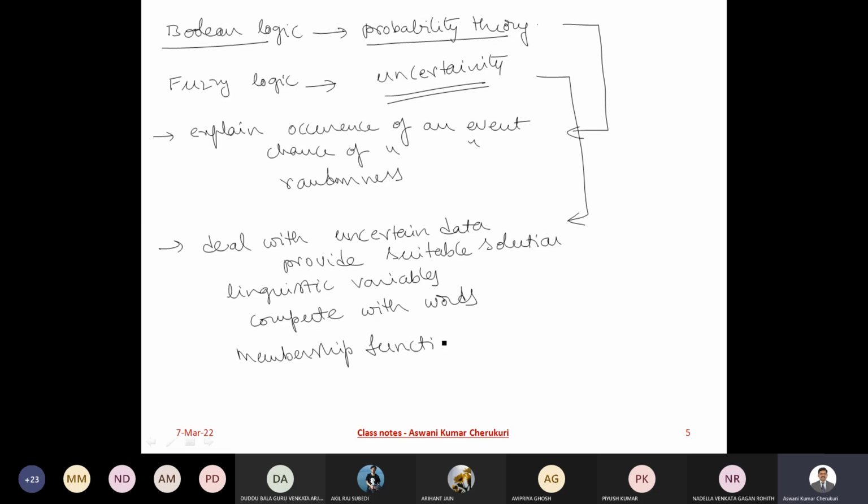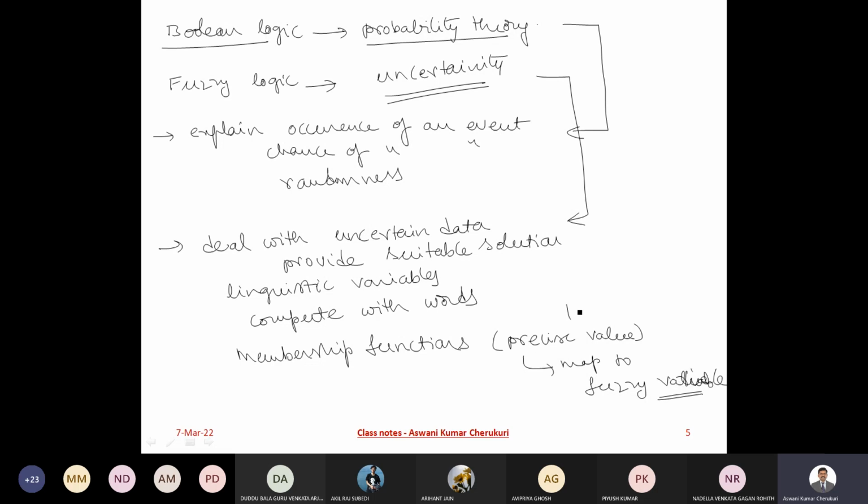So what is the responsibility of this membership function? It takes a precise value, the height of an individual, and maps it to a fuzzy value, a fuzzy variable, right?